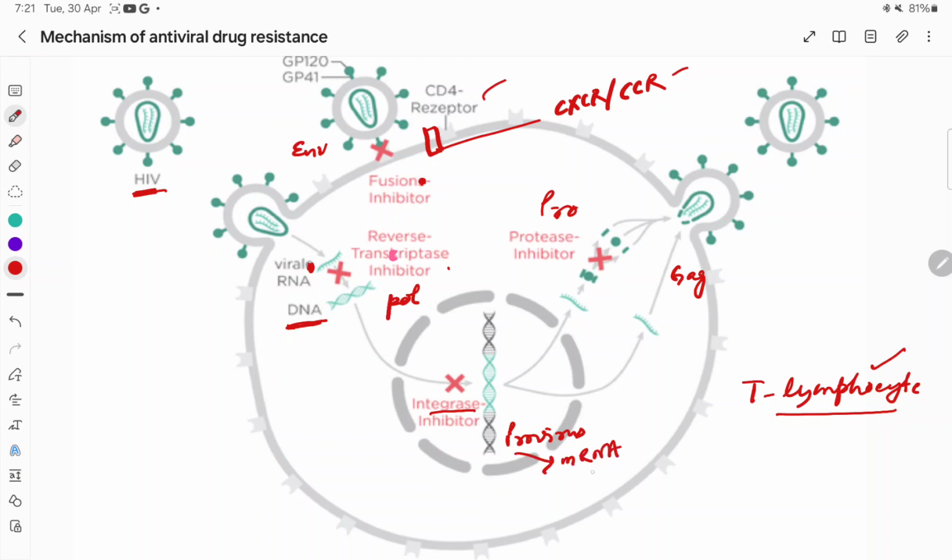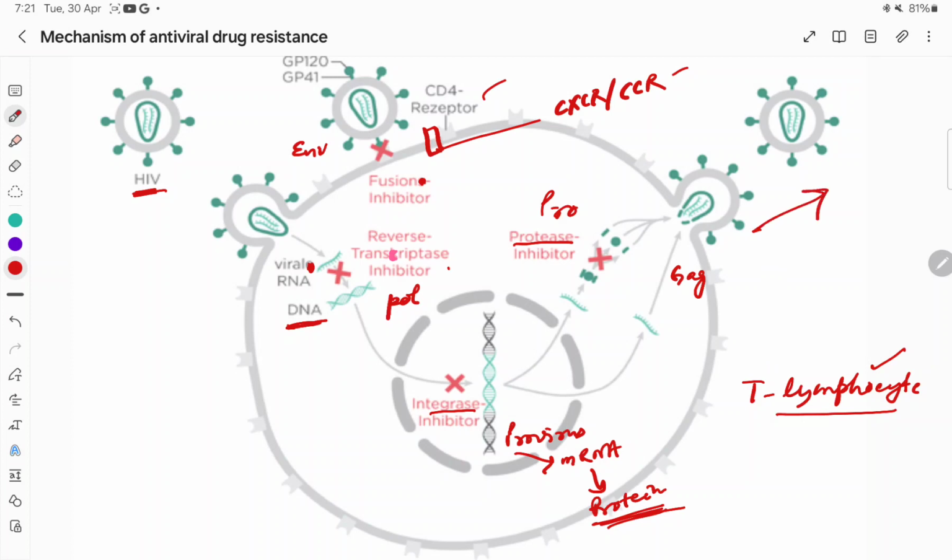From that mRNA there will be protein synthesis, and this protein is converted to structural and functional proteins by the enzyme protease, and finally assembly and release of the HIV.